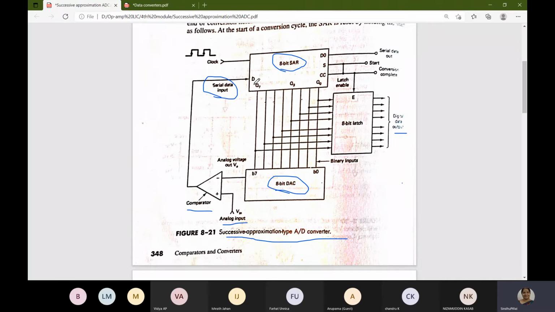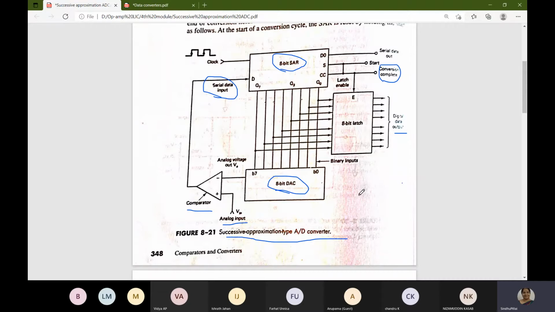The output of the comparator will be fed to this register. Okay, and we have serial data out. If you want to take the data out there also, then we have a start signal to start the conversion, and we have a conversion complete signal or end of conversion signal to tell that the conversion is complete. So these are the main important blocks of the successive approximation ADC.